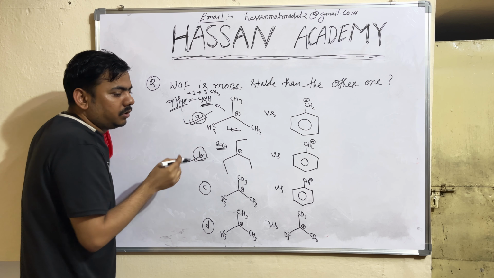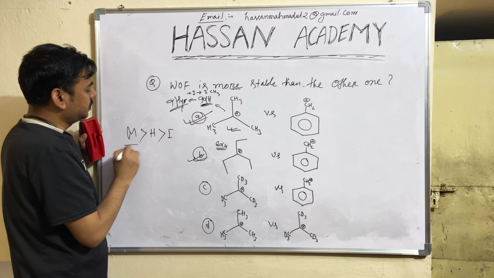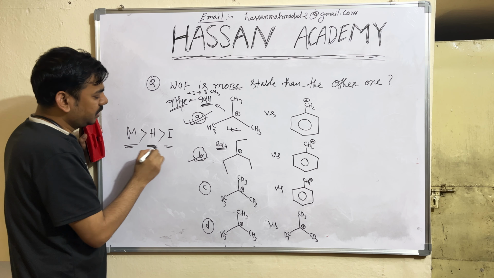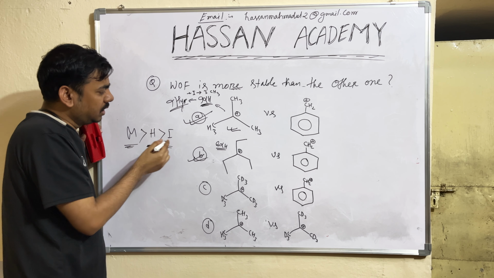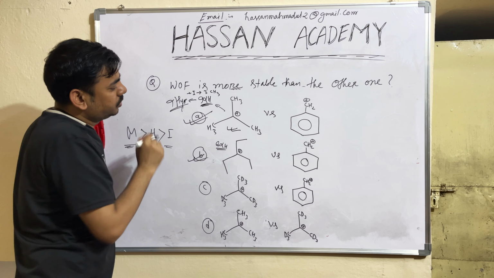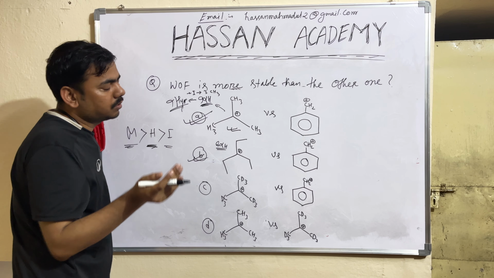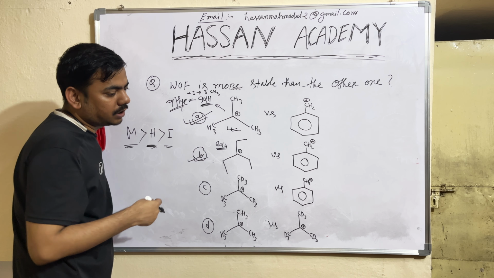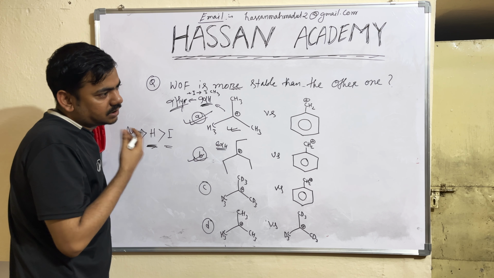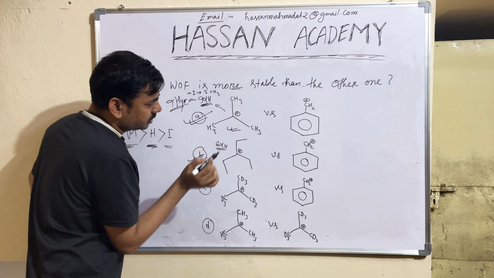We know that M is more powerful than H, which is more powerful than I: mesomeric, hyperconjugation, inductive. Hyperconjugation is far more powerful than inductive, so definitely we give priority to hyperconjugation. Where only the inductive effect matters, we can compare the inductive effect with the distance, number, power rule, DNP rule, all this. But here hyperconjugation is the priority.